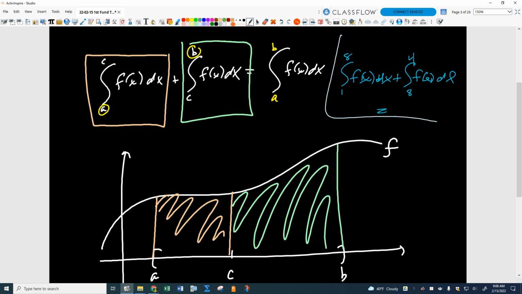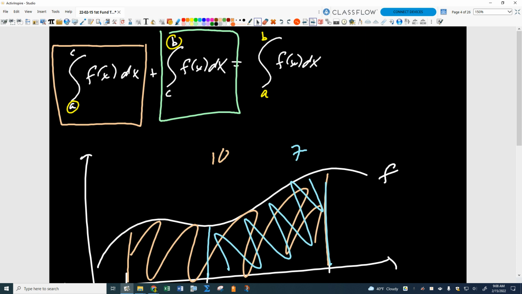Is that equal to the integral of the function from 1 to 4? Okay, it is. And here's why.